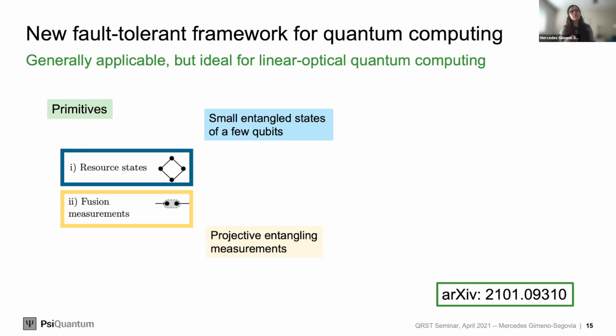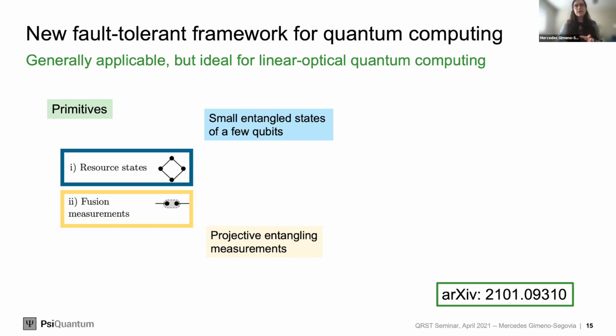And the measurements now can be erased, so we may lack that information, or they may be flipped because we may have a Pauli error, and the outcomes of those measurements are treated as part of our error correcting code.